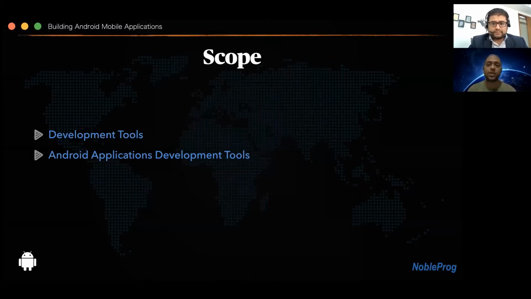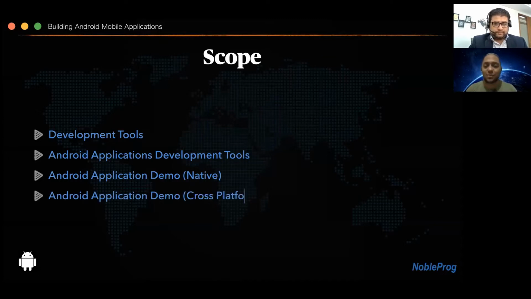We'll be exploring the differences between each one of these. And finally, we will go through a very simple demo on building a native Android application. Based on time, I'm not sure if we will have time to do this or not, but if we have time, we'll explore a cross-platform demo application on Android using React Native.